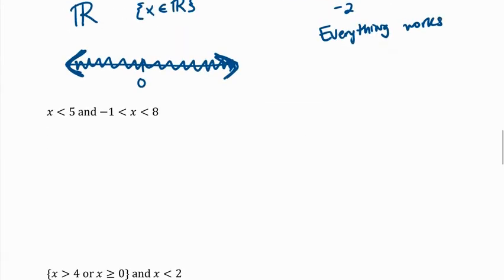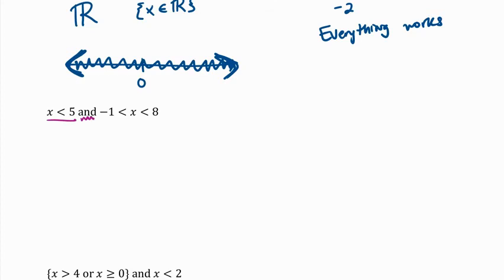Okay, our next two here, now we've got more than just two inequalities, right? So our next one, we've actually got 3 different inequalities, okay? So again, if you want to write these all out as the separate ones, so we've already got the x is less than 5, and then we have an and here.